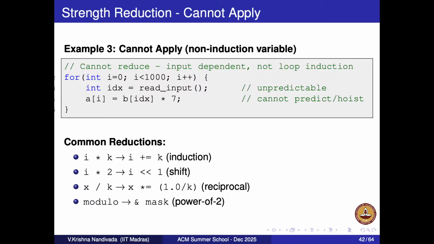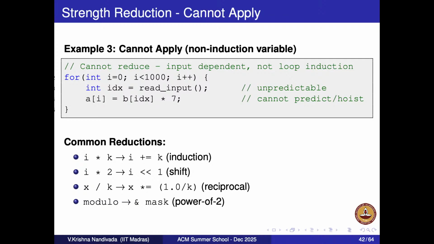Let us say I have A sub I equal to something times 7. If I don't know the value of the index, I cannot reuse the old value because I don't know what the old value can be. Just giving an example.